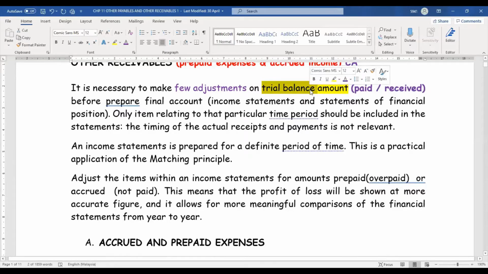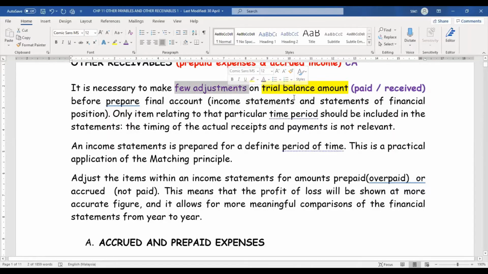Before we prepare the final account, here is the income statement and statement of financial position, we need to do some adjustments on the trial balance amount.